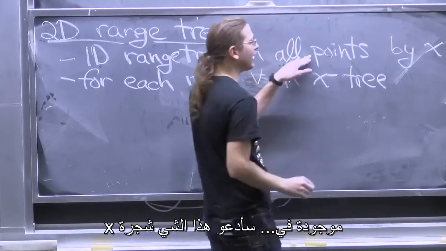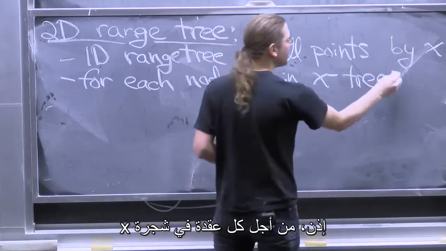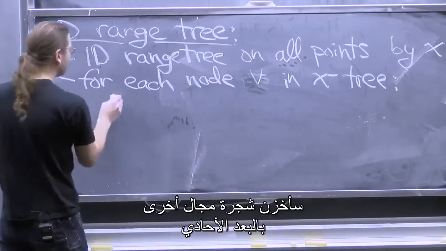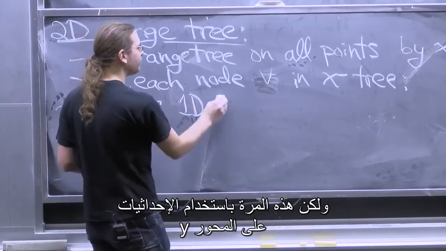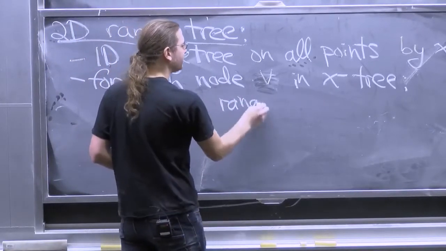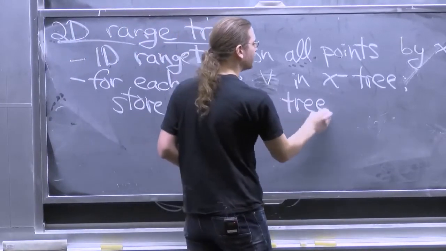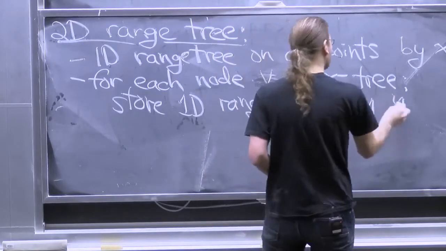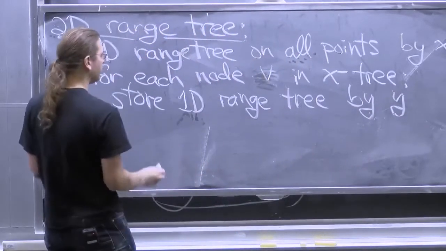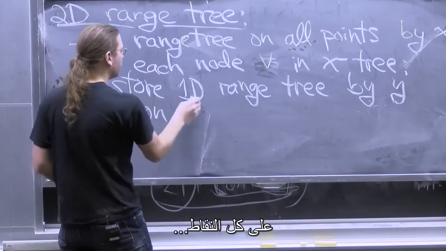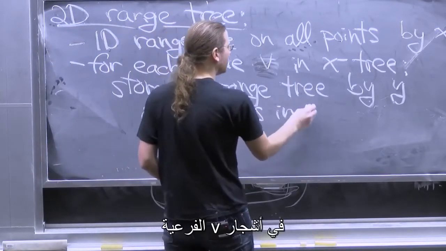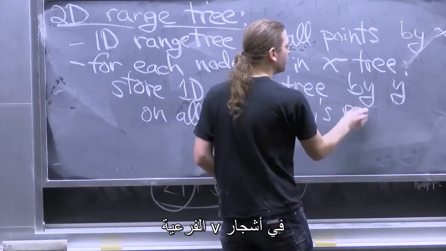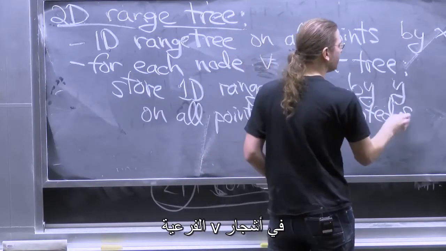This thing I'm going to call the x tree. For every node in the x tree, I'm going to store another 1D range tree, but this time using the y coordinate, on all points in v's rooted subtree.